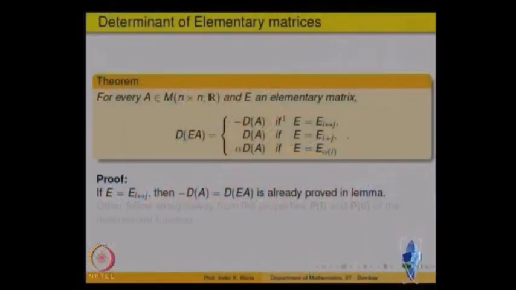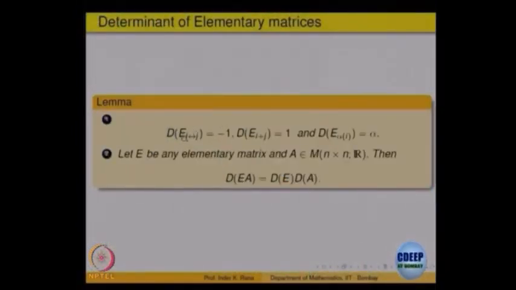So, do we know that the determinant of each E k is not 0? Yes, just now we computed, right, either it is 1 or it is minus 1 or it is alpha, where alpha is non-zero. Just now we checked that for an elementary matrix the determinant is either minus 1 or 1 or alpha, where alpha is non-zero. So, determinants of elementary matrices are non-zero.